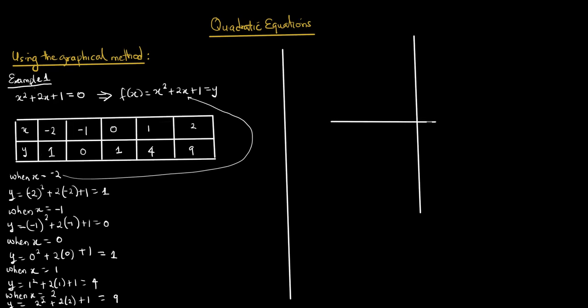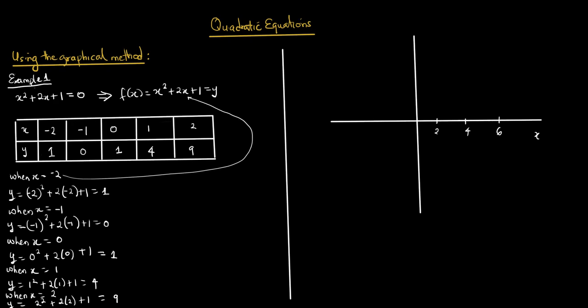So that's my y-axis, that's my x-axis. If I do that correctly, let's see, what if I go with units of 2? So 2, 4, and I have 6 somewhere there. Again, it's not drawn to scale. So this is my x value, and then I have the other one, the y value.